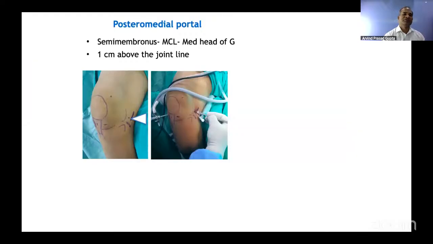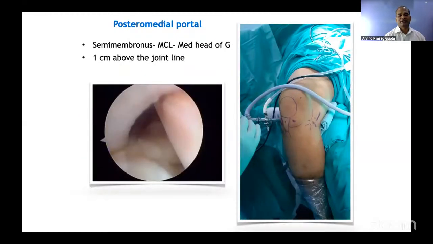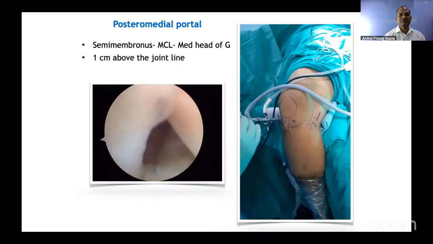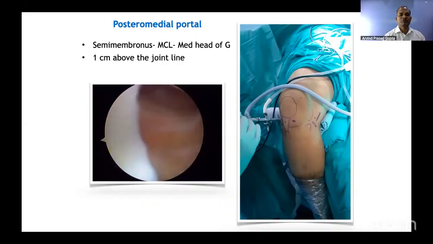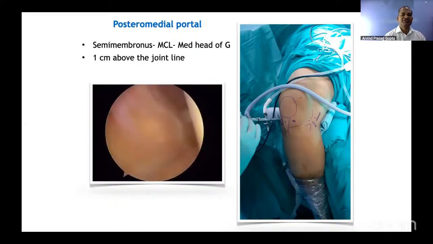And also this visualization is very important for making the portal on the posteromedial side. So first make your landmark here, then you put your needle, followed by your knife. Like here, you can see how you pass your scope into the posteromedial gutter in between the PCL and the medial femoral condyle.